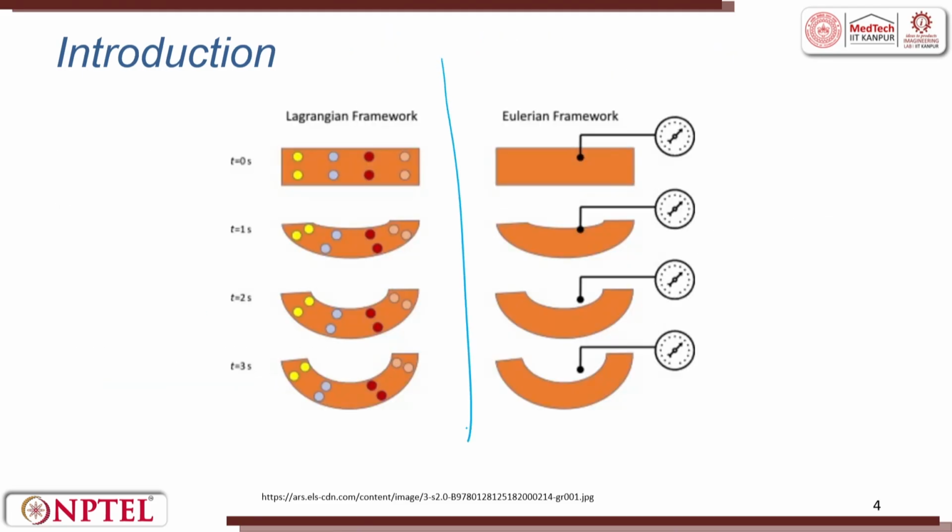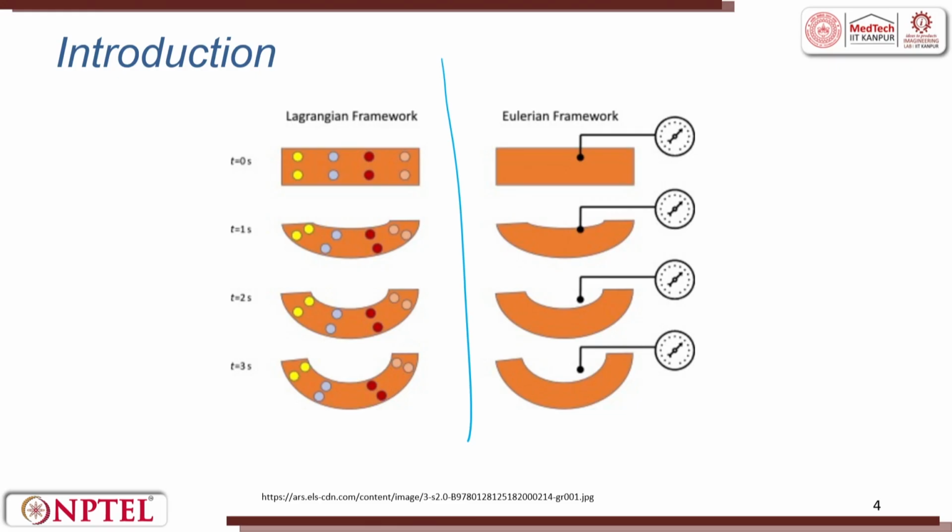So here is a typical schematic comparison between the Lagrangian framework and the Eulerian framework. In the Lagrangian framework, you can see these are four particles which are moving along with the fluid. Many times we disperse fluorescent particles, or we functionalize something, and when we pass a fluid, we see how the particles move.